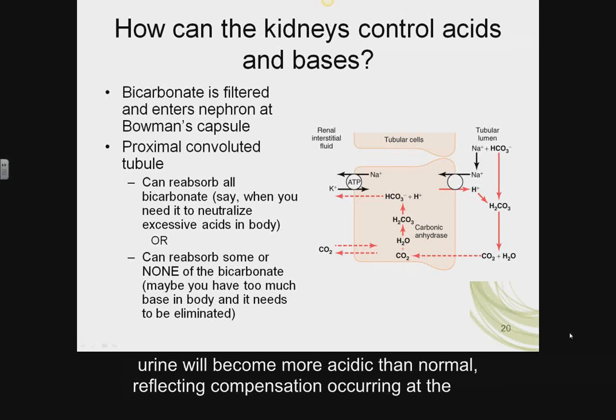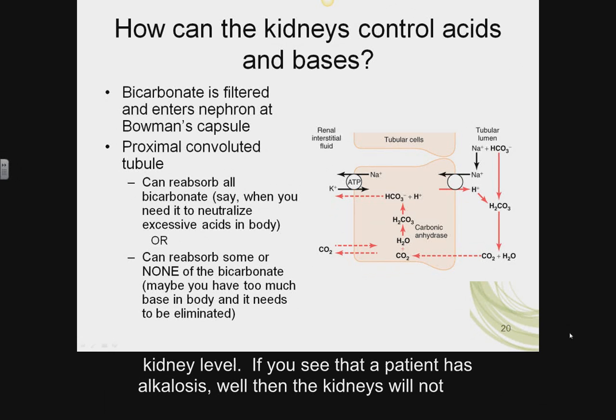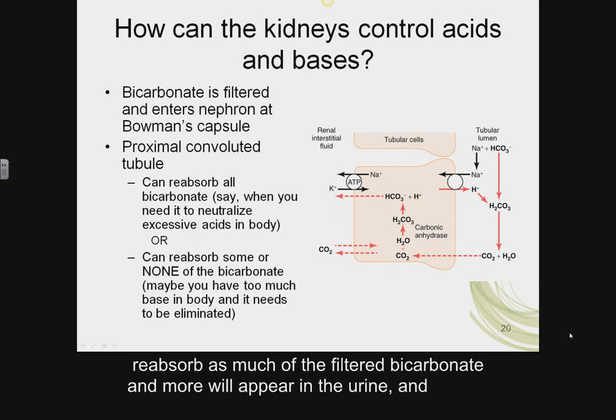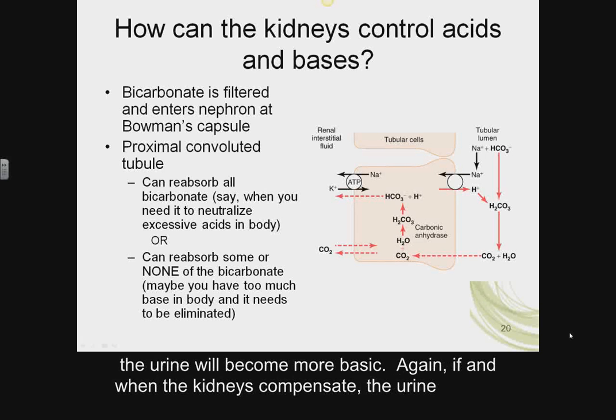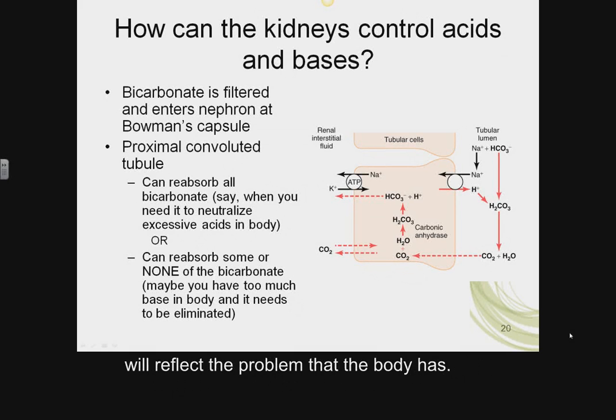You will see that the urine will become more acidic than normal, reflecting compensation occurring at the kidney level. If you see that a patient has alkalosis, well then the kidneys will not reabsorb as much of the filtered bicarbonate and more will appear in the urine, and the urine will become more basic. Again, if and when the kidneys compensate, the urine will reflect the problem that the body has.